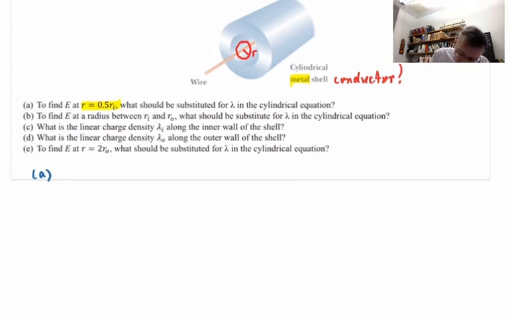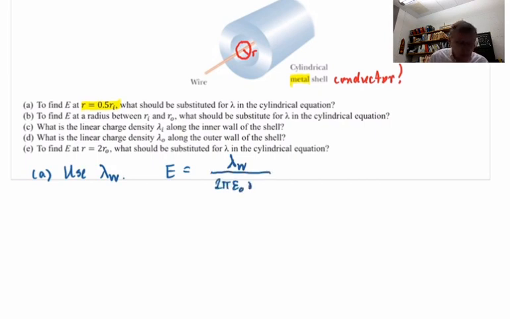So you use lambda W, and you get E equals lambda W over 2 pi epsilon 0 R. That's the formula you would use to find the field magnitude at any point on that circle I've drawn in red, a distance R from the center, where the R we're talking about is 0.5 of R initial. That's how you answer part A.